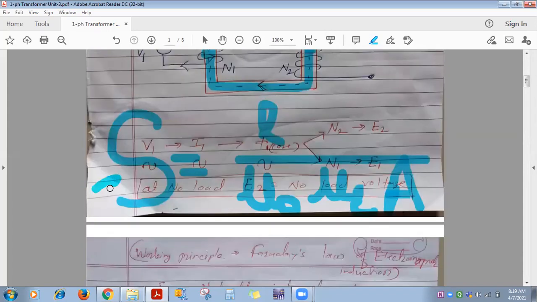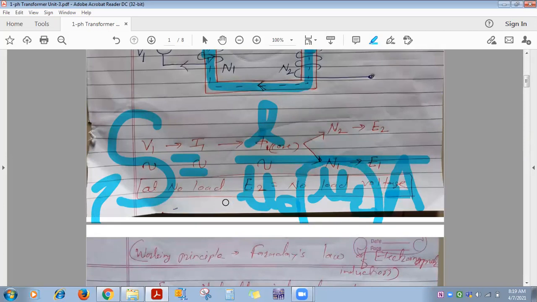Similarly here, what is the S? Capital S is reluctance. In magnetic circuit, capital S is the reluctance. And what is the reluctance? It's the opposition to the flow of flux offered by magnetic material. So for magnetic material, silicon steel, its relative permeability is very high.